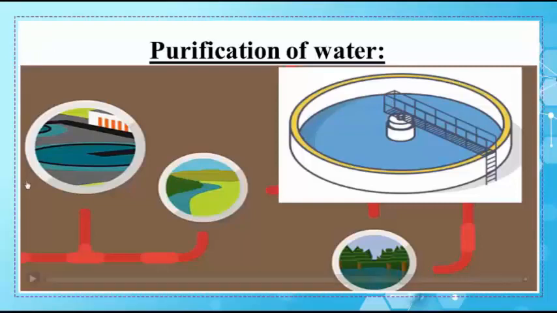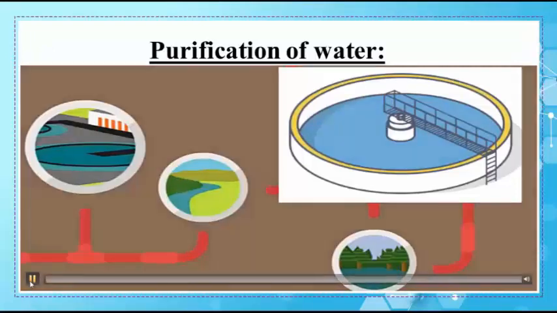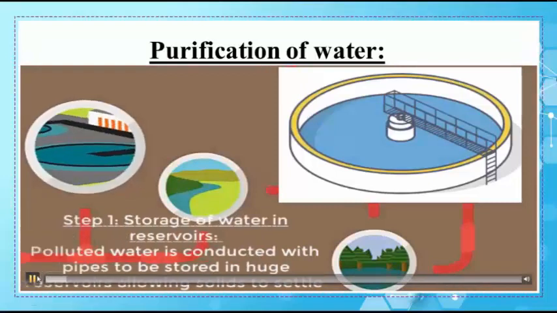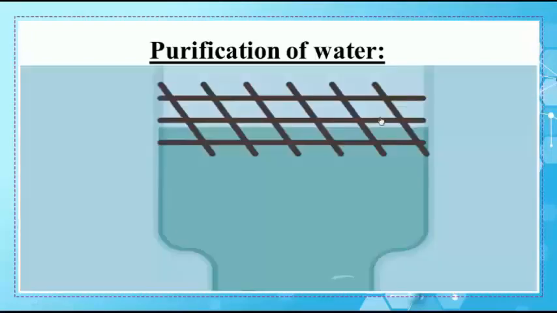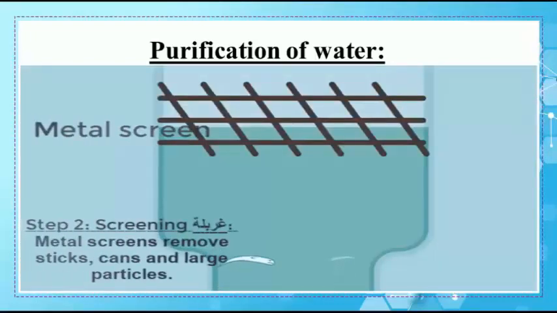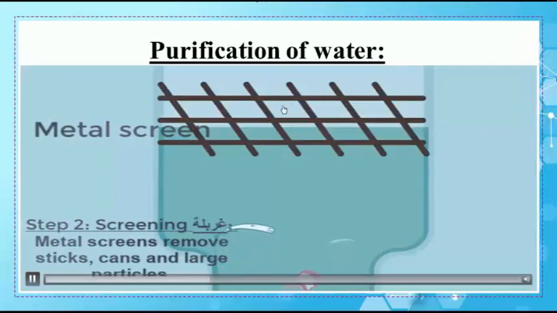So let's watch the video about purification of water. In the first step of this purification technique, the polluted water is conducted with pipes to be stored in huge reservoirs. Then, a screening occurs where metal screens remove sticks, cans, and large particles.